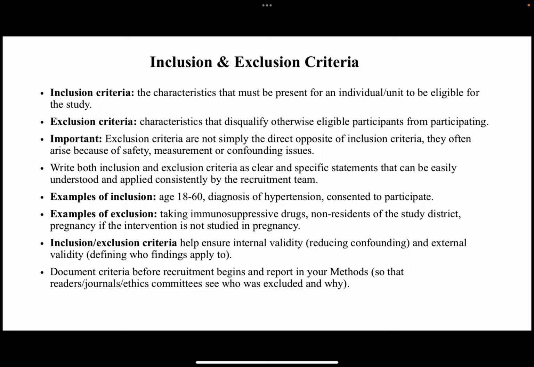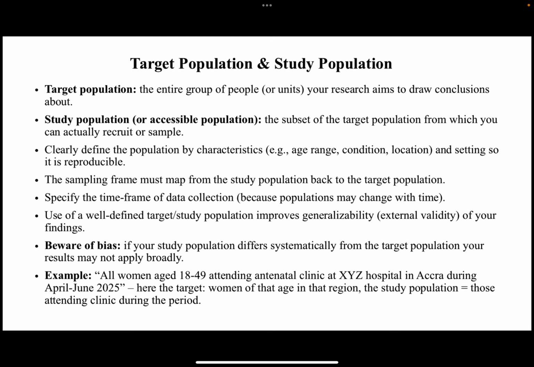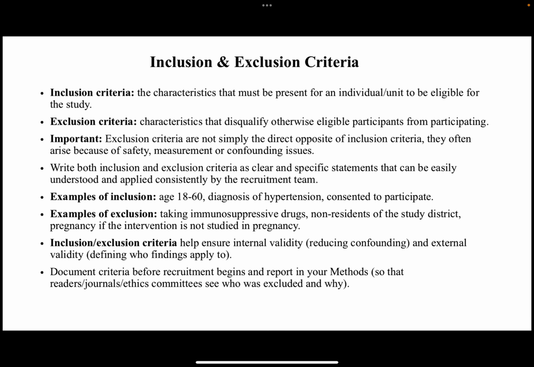Okay, now document criteria before recruitment begins and report them in your methods so that readers, journals, or ethics committees see who was excluded and why they were excluded. So we usually capture the inclusion and exclusion criteria under the target or the study population section.